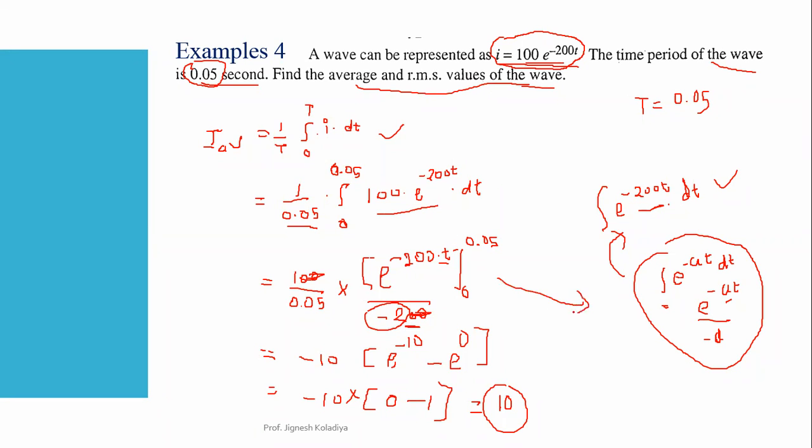If you put 0.05 over here, you will get e raised to minus 10, and then at 0, e raised to 0. E raised to minus 10 is approximately 0, which you can calculate using your scientific calculator. E raised to 0 is 1. So I am getting 10.